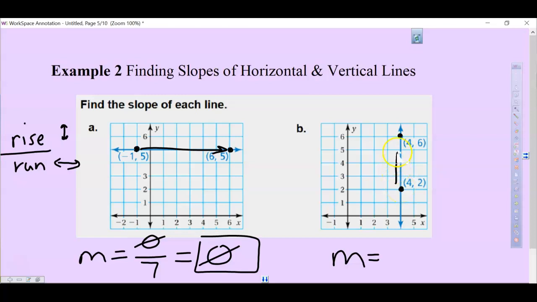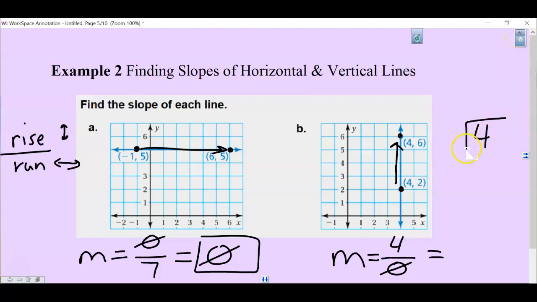Rise. How many are we rising? We're going to rise up 4 units. How many are we running? We're not running anywhere. Okay? We're just going up 4. I know it's tempting to say 0 here, but think about it. Division says 4 divided by 0. What number times 0 equals 4?